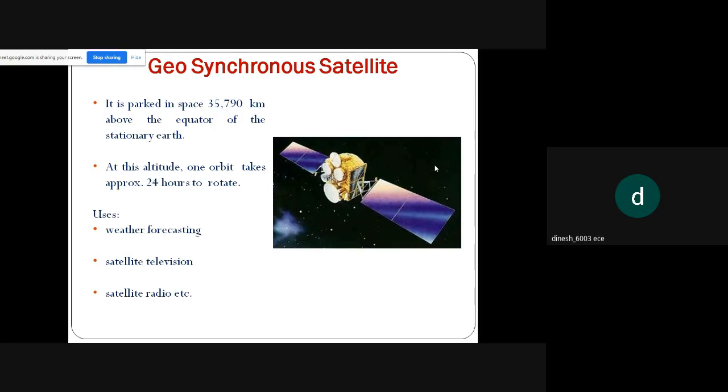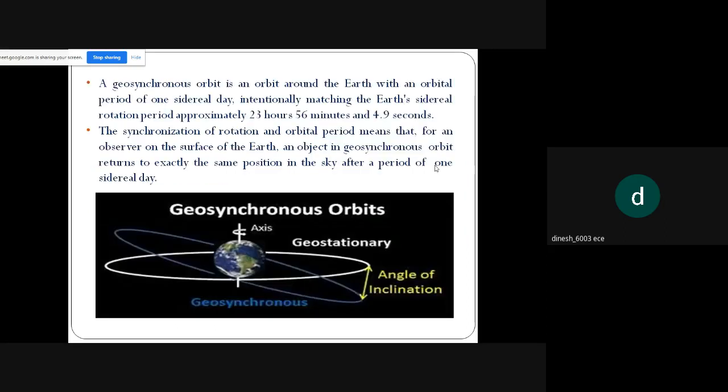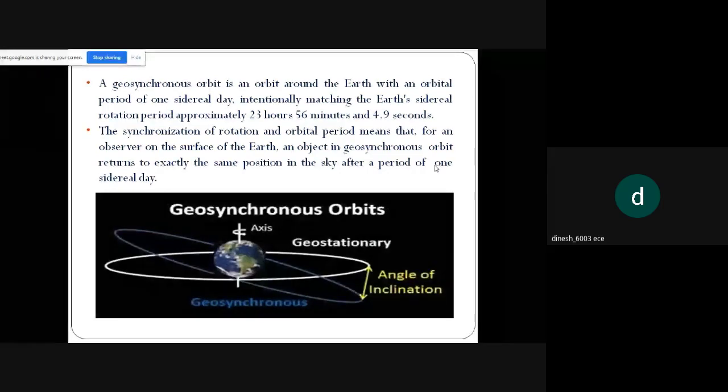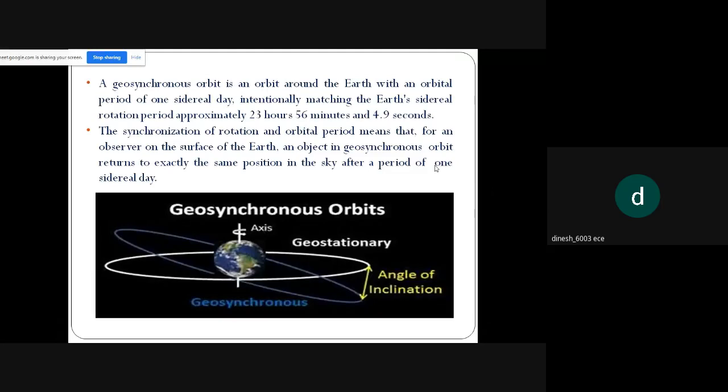We have the transponders, we have the antennas, we have the satellite system in space, which is used for weather forecasting, satellite television, satellite radio, etc. So the geosynchronous orbit is an orbit that revolves around the Earth with an orbital period of about 1 sidereal day, which matches the Earth's sidereal day, which is about 23 hours, 56 minutes, and 4.9 seconds.